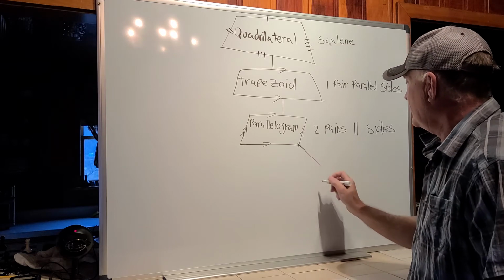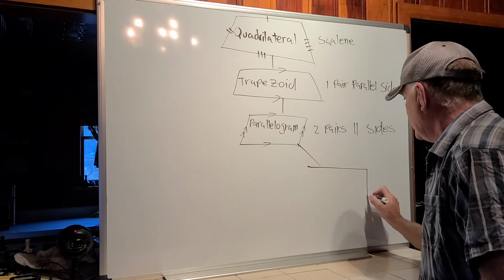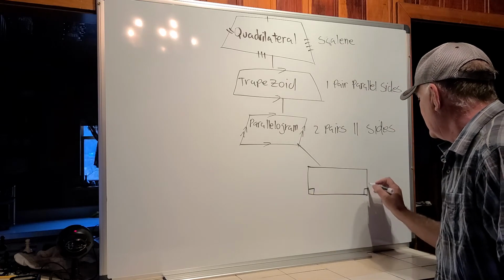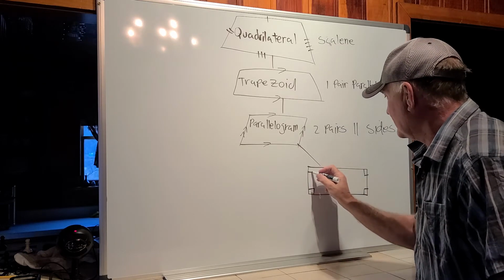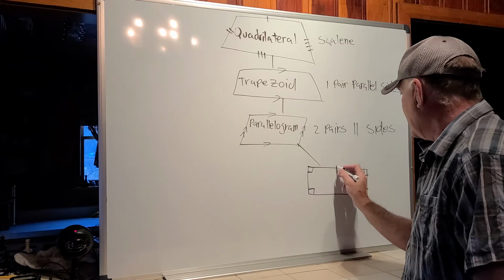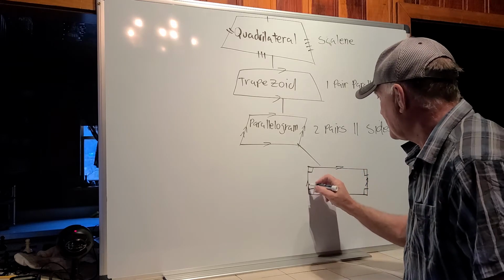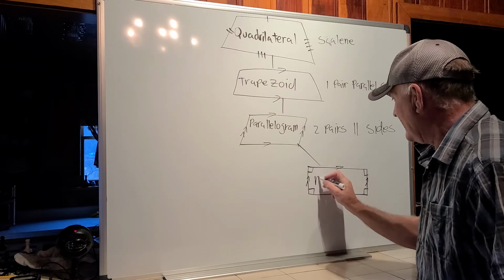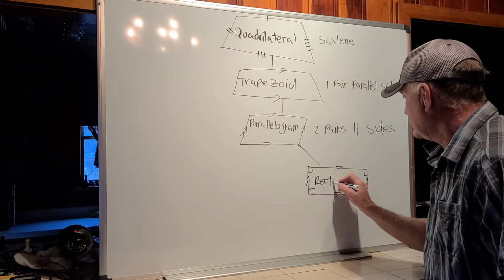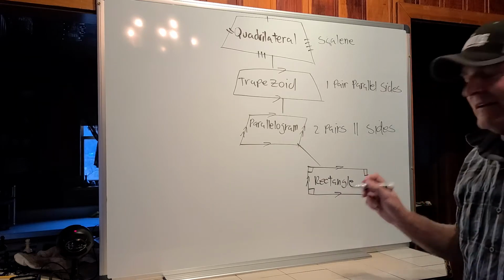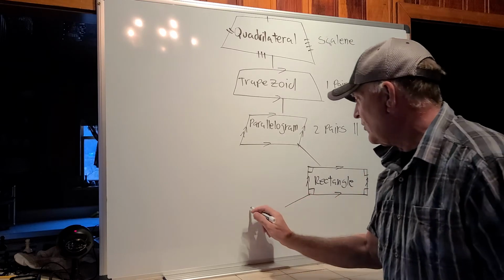Here I'll draw a four-sided figure. It's got right angles. It's got opposite sides parallel. We call this a rectangle. And from a rectangle, I'm going to draw a square.